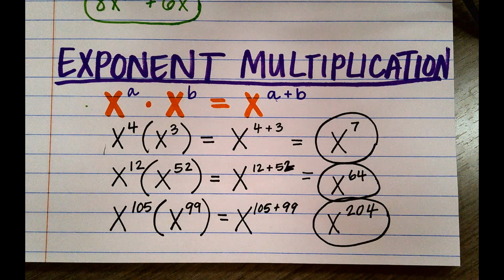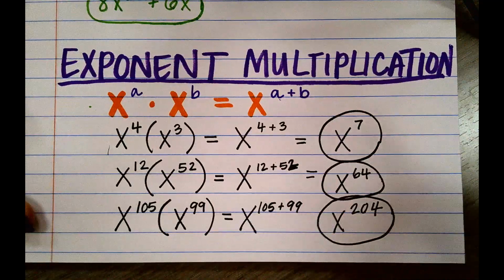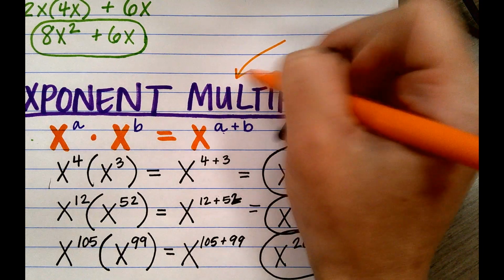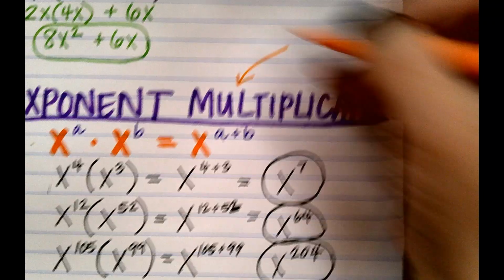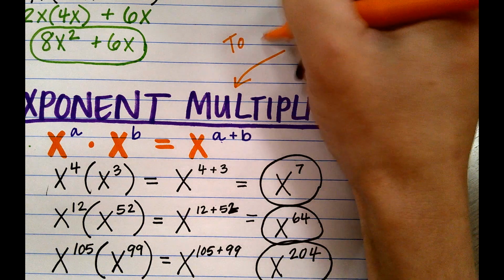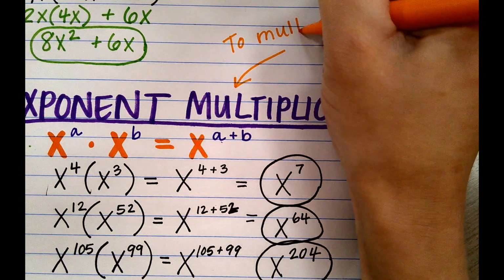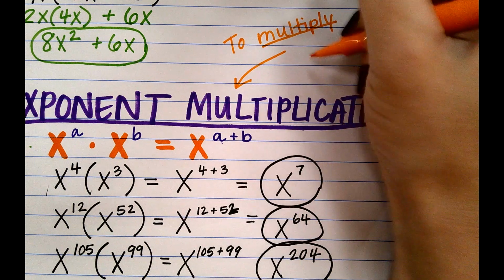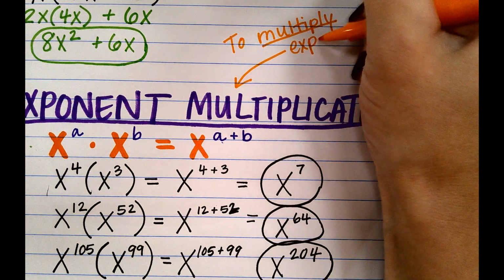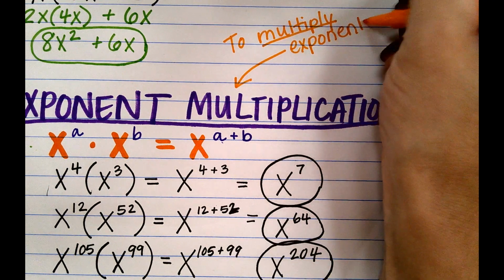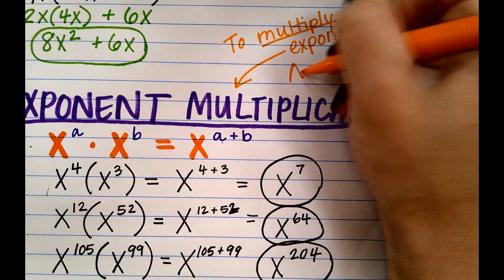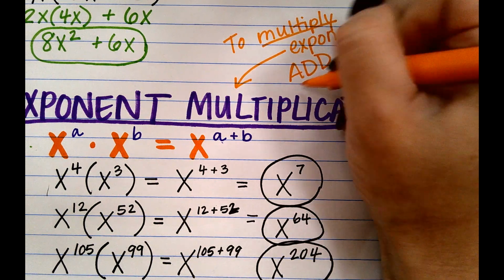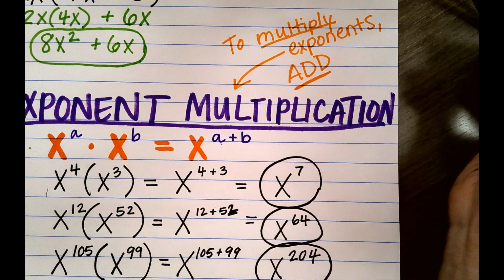So if it helps to remember this method or this trick, maybe make a little note here. To multiply exponents, add. You're just adding the numbers.